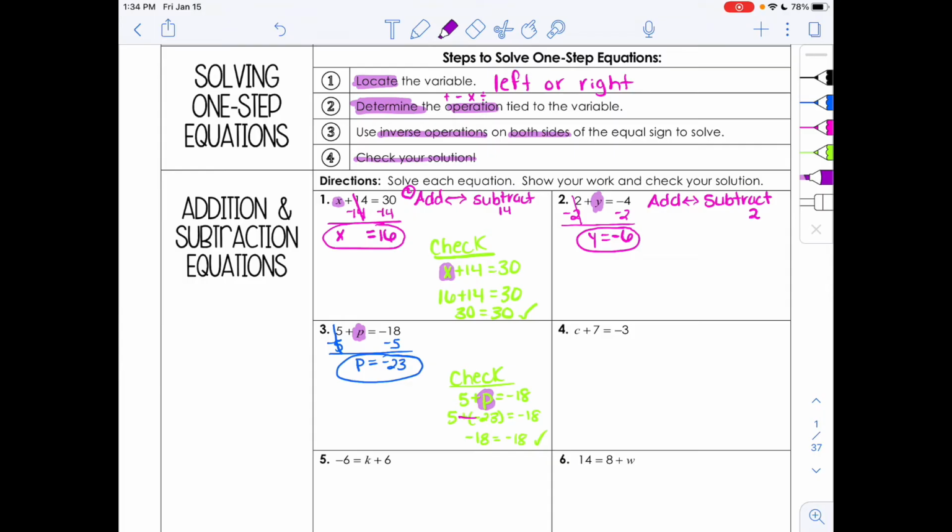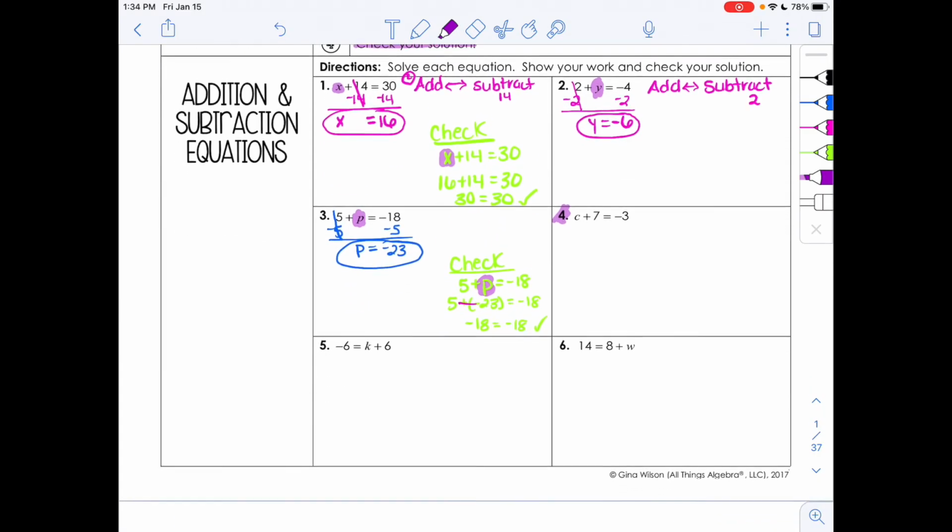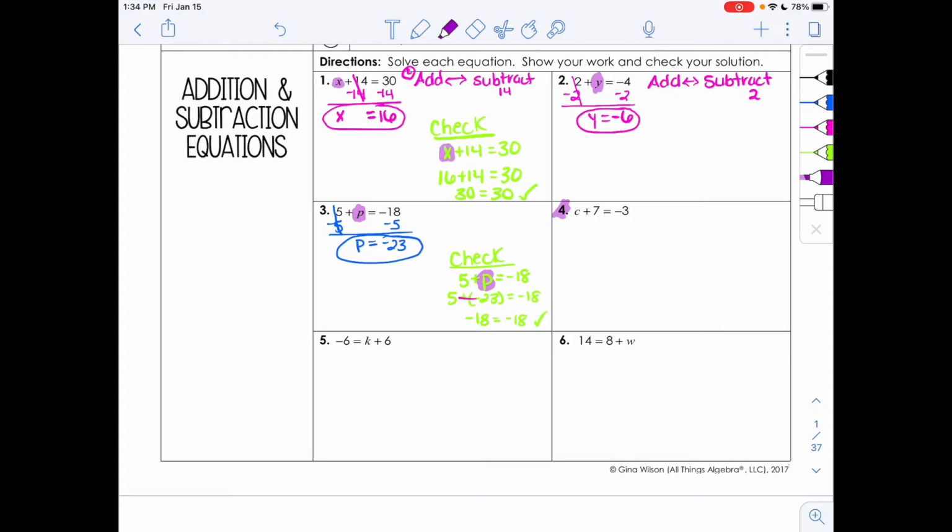Go ahead and highlight number 4. And let's take a look at number 5 because it looks a little bit different. So number 5, when you locate your variable, you see that that variable is here on the right side. So it's in a different location. And that's okay. It's okay for your variable to be on the right side and not the left.